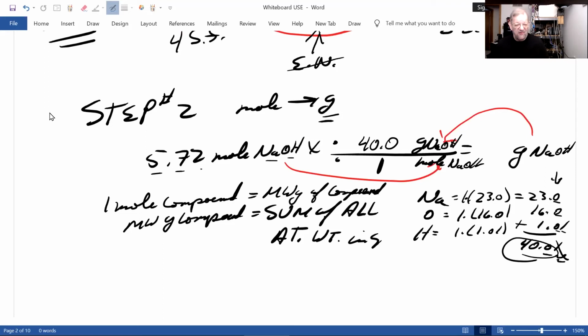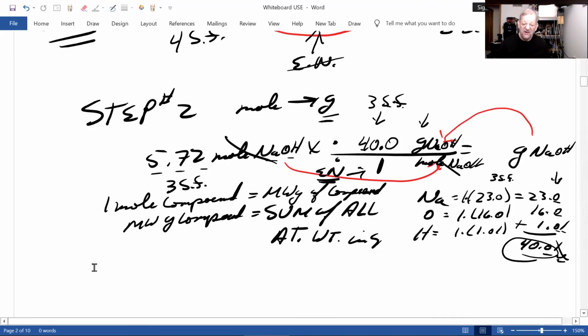All non-zero numbers are significant, so 5.72 is 3 significant figures. 1 is part of a definition. It's an exact number, it does not play a role. Non-zero numbers are significant. Zeros at the end with a decimal point are. So this is 3 significant figures. Therefore, my answer should have 3 significant figures. Notice moles divided by moles equal 1. I'm left with the right units.